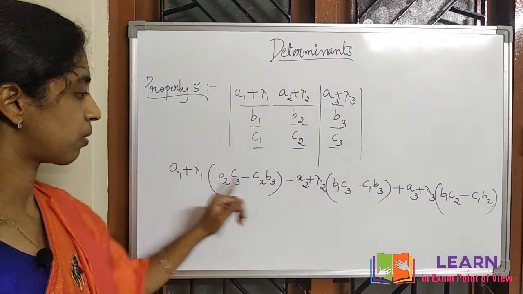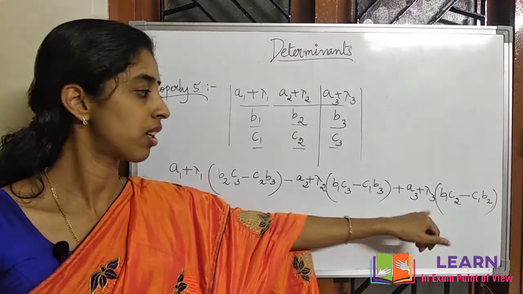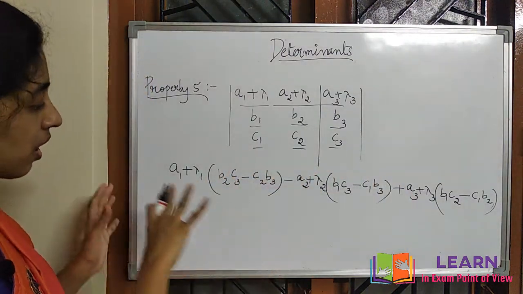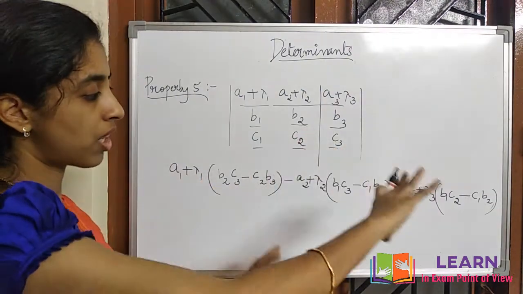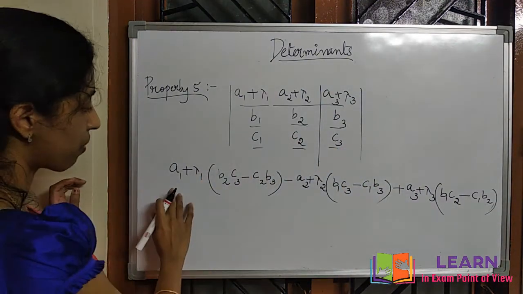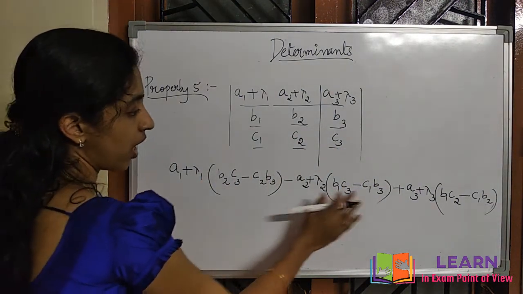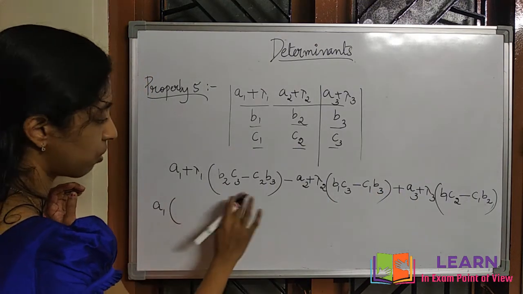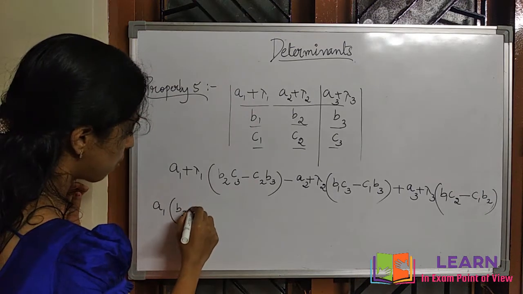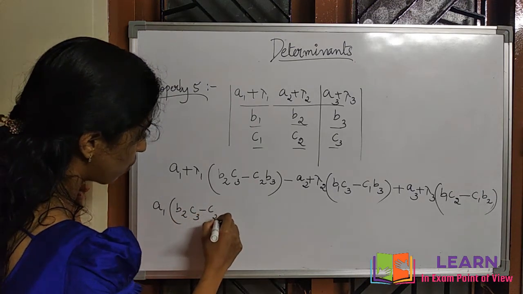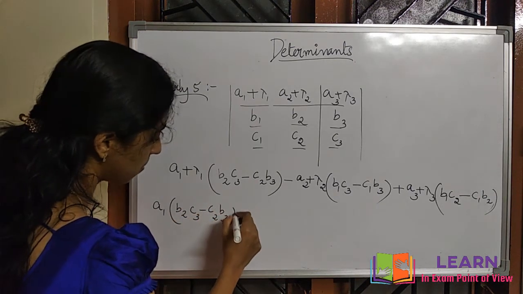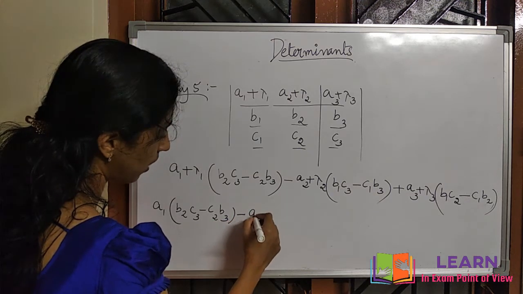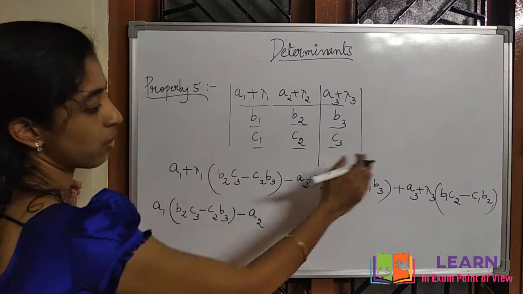Now what is the next step? Here there are two terms in every term, correct? So we are going to split a1 as one part and lambda as the other. First we will take a1, a2, a3. So a1 into b2 c3 minus c2 b3, minus a2, taking only a1, a2, a3.